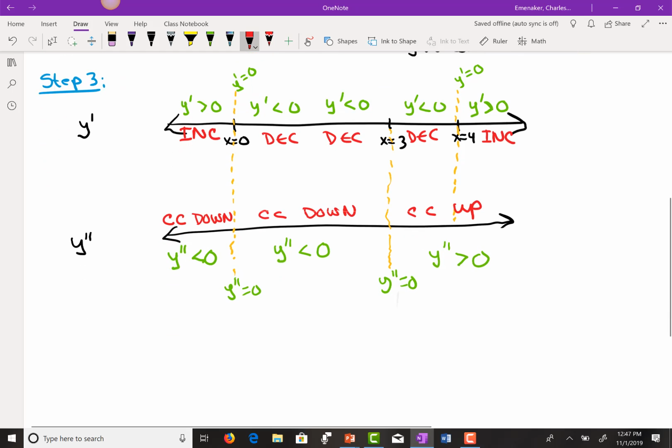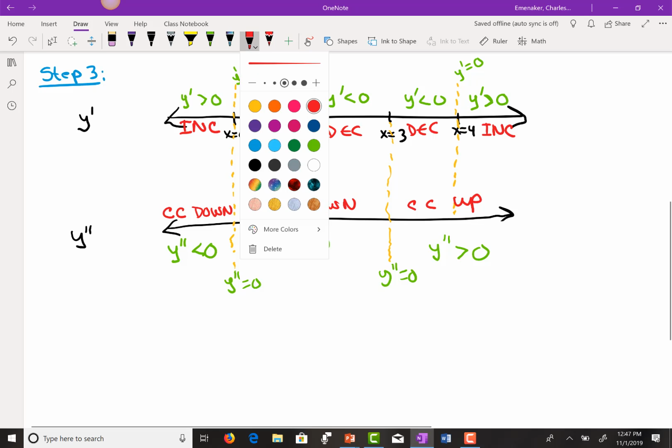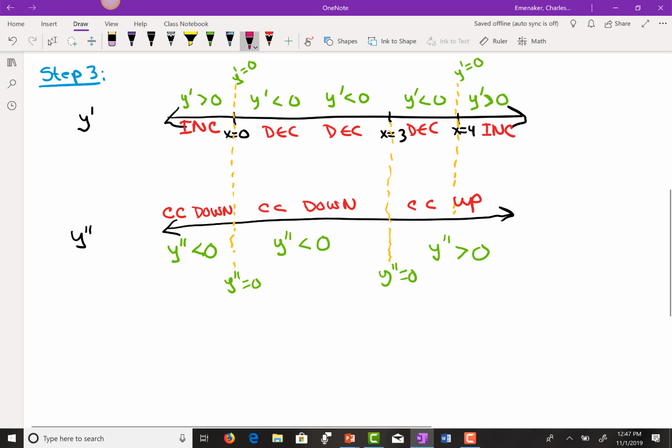Okay, so we've got a lot of information on there. I'm going to move things up so that the rest of it just disappears and we can just focus on this. This tells us what the shape of the graph is going to be on each panel of the graph. Let's see, what color might stand out here? Let's try this, see what happens. We have several different panels. Our leftmost panel goes from -infinity, that first yellow line. In that region, the function is increasing and it is concave down.